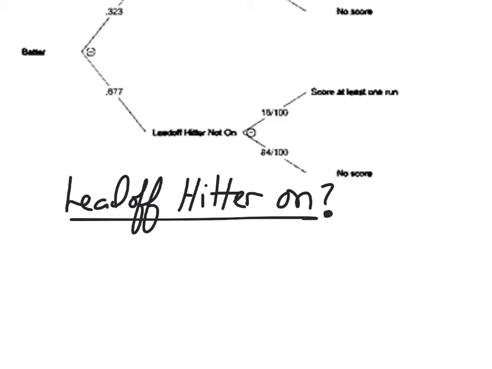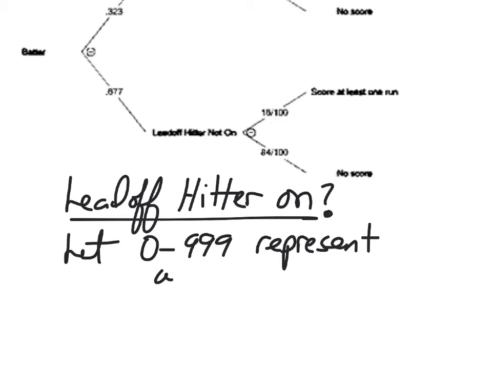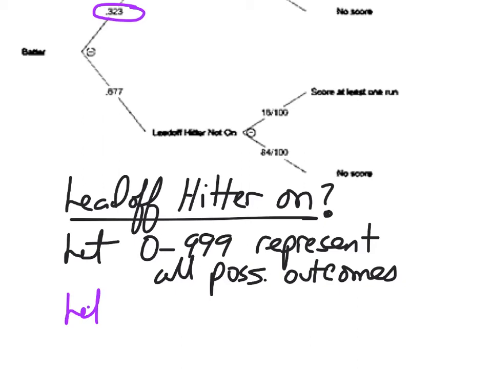So what I'm going to do is let 0 to 999 represent all possible outcomes. I'm just debating now. Let me change that. Let's make it 1 to 1,000, just so I could actually use the percentages that they gave us.